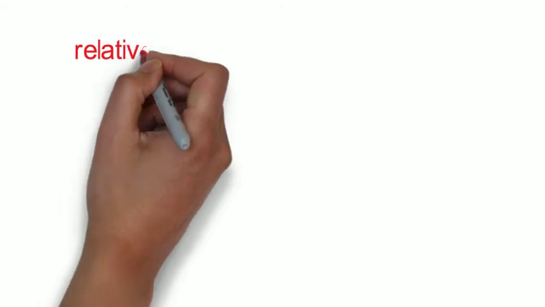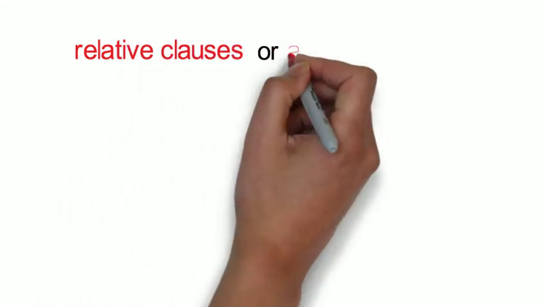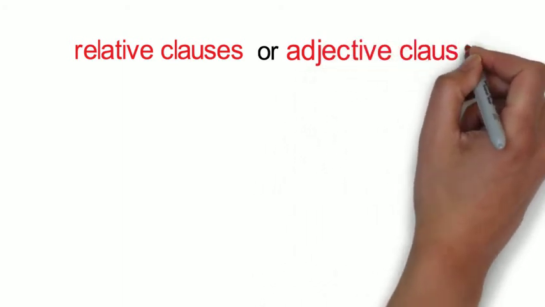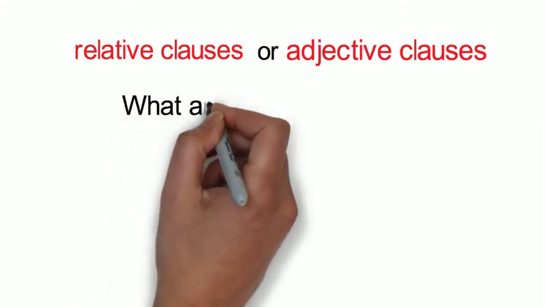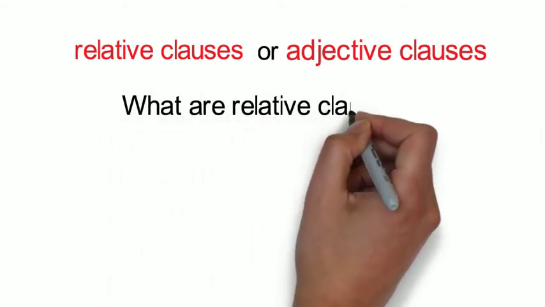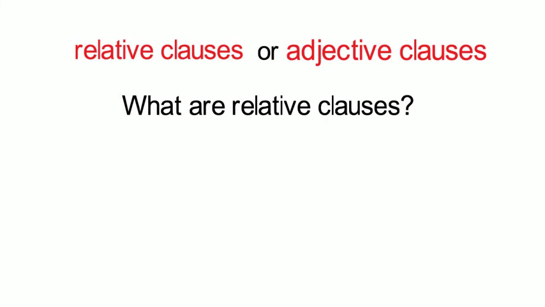In this lesson, we are going to look at relative clauses. Sometimes they are also called adjective clauses. So, what are relative clauses exactly? To answer this question, we need to define a clause first.